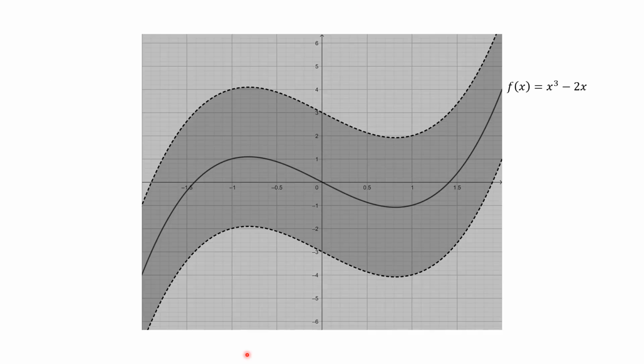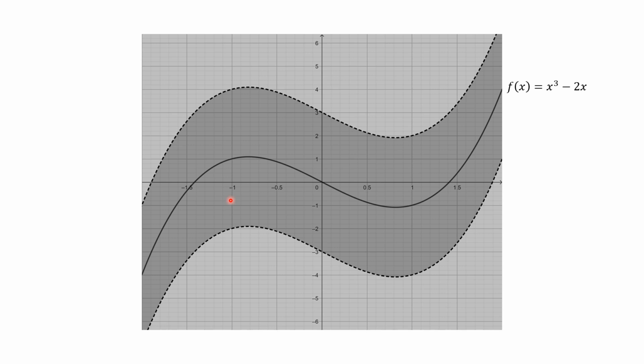Continuing with the example from the previous slide, we have our open ball here, and it's the darker gray area. The center is this function x^3 - 2x. It's this graph here that I'm highlighting, between -2 and +2.